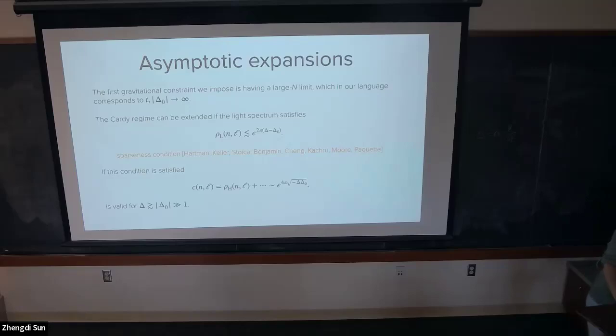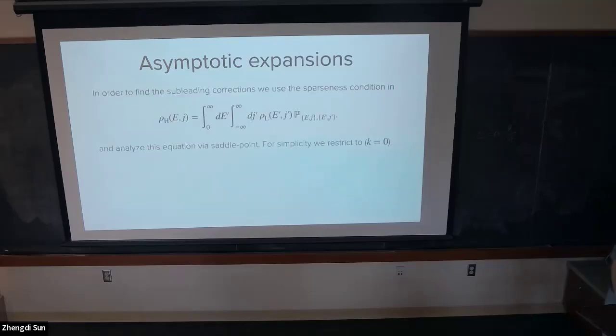But then what about the logarithmic corrections that we're hunting for? In order to find those subleading corrections to this leading order exponential behavior, we use the sparseness condition in this equation that we derived before.